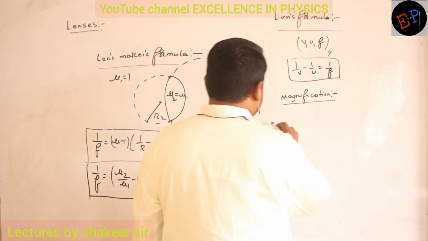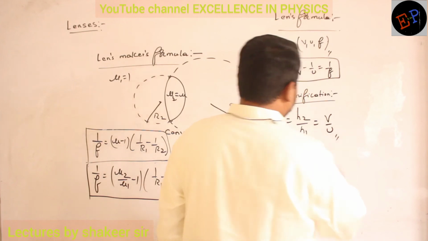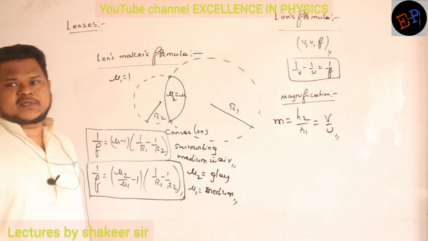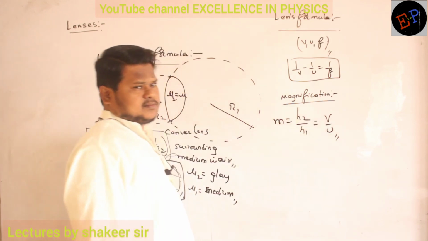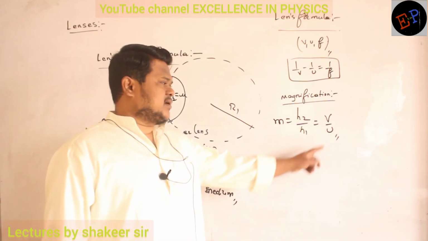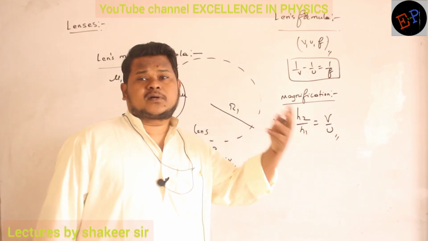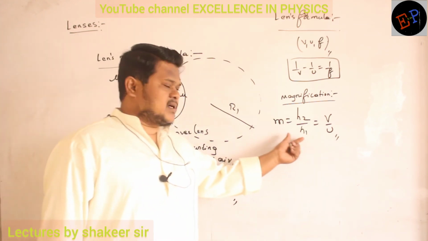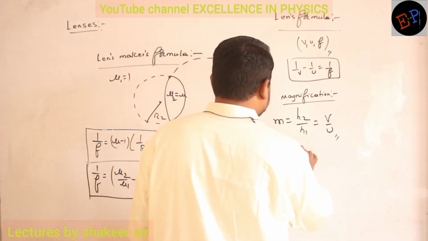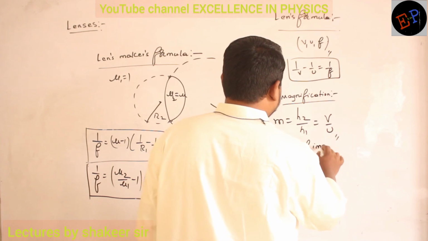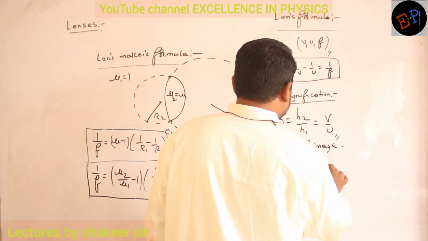So the formula for magnification is H2 divided by H1 equals V by U. In mirrors we got minus V by U, but here we just get V by U. H2 is the height of the image and H1 is the height of the object. So write that also.